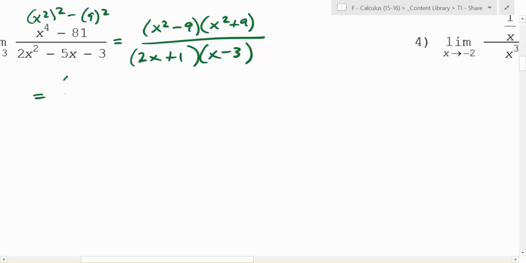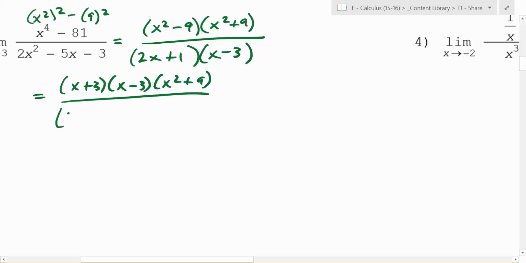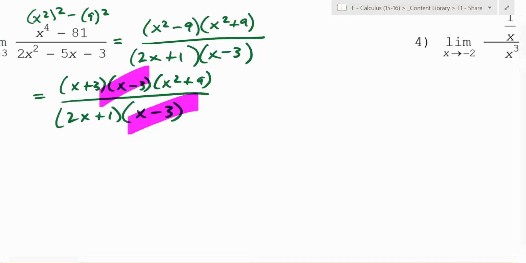Yeah, what is x squared minus 9? x plus 3 times x minus 3, times x squared plus 9, all over 2x plus 1 times x minus 3. Does something magical cancel? Specifically the thing you wanted to get rid of, right? So now what do you have?